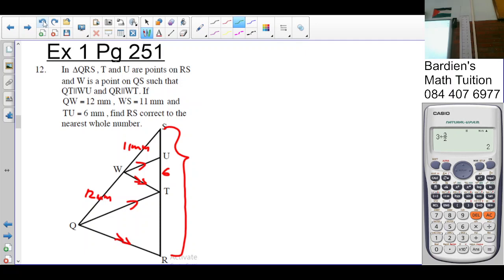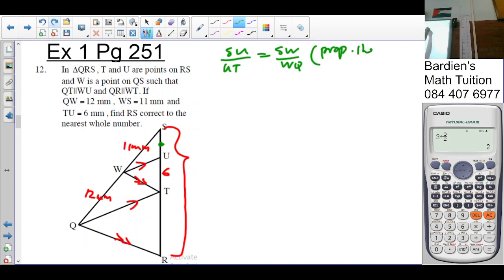So let's go with it. Where do we start? We can calculate SU here. As we know that SW over WQ is equal to SU over UT. You all agree with that? So SU over UT is equal to SW over WQ.